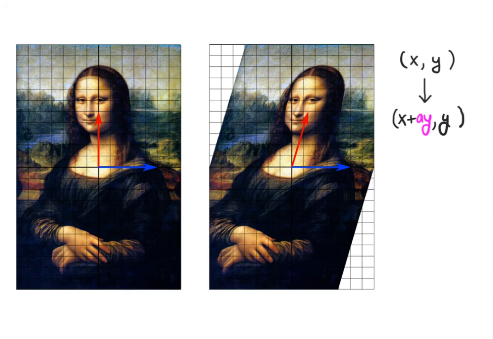In other words, positions with positive y values are shifted in the positive x direction. Positions with negative y values are shifted in the negative x direction. And in both cases, scaled by some value a.